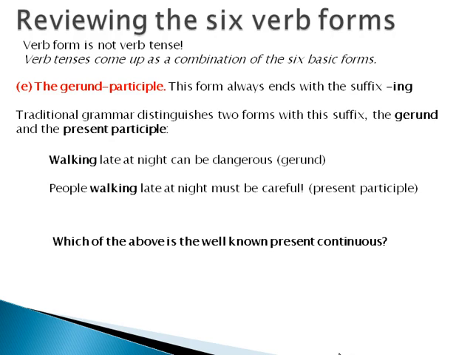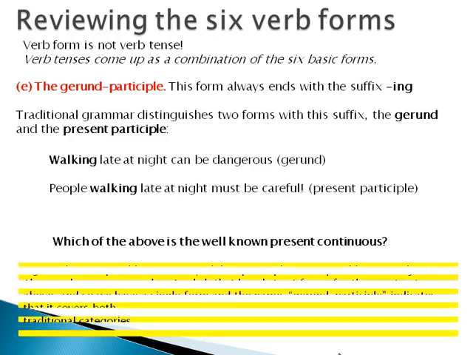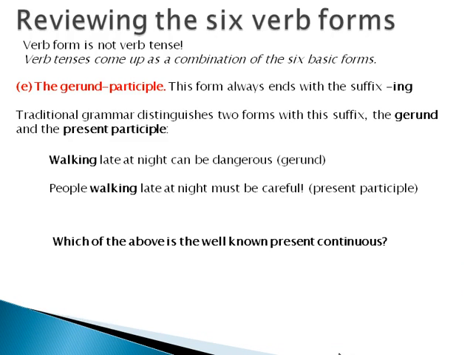It's not there, but it's implicit that there are some people walking late at night. The classic present continuous, in fact, is to be plus verb plus -ing, because it's present of to be, continuous of the second verb.